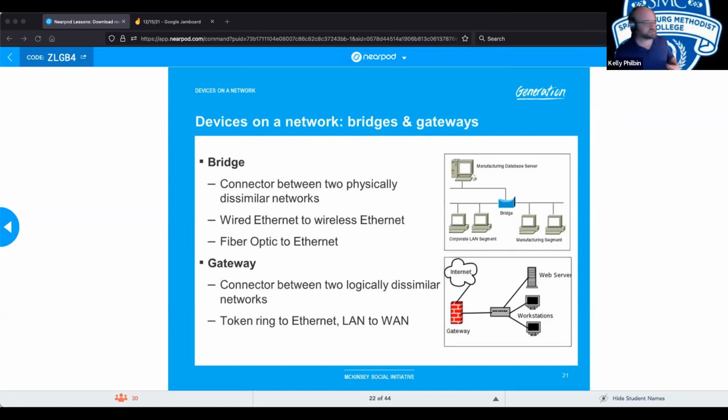Well, the device itself would be called a bridge, but we may have a specific term for it, like WAP, wireless access point. That is a bridge from wireless to wired. So as far as network device is concerned, that is considered a bridge device, but we call them wireless access points. If you have a manufacturer that makes it, they may have a specific name for it.